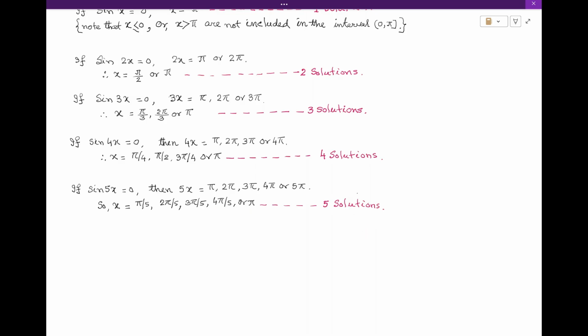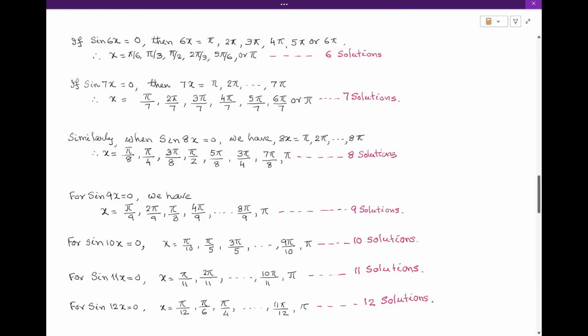Note that in each of these cases, we have found the values of x which is more than 0 but less than or equal to pi. Similarly, when sin 6x is 0 or sin 7x is 0, up to finally sin 12x is 0, we get different values of x.